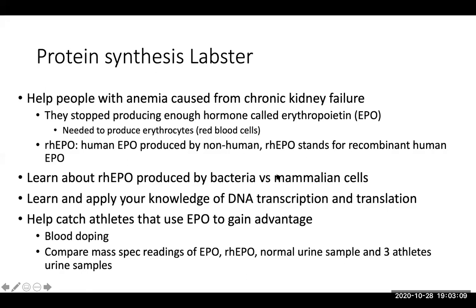I think that's the mammalian cells that you're using. Okay, so then you're going to compare those two products, the EPO from bacteria and the RH-EPO from mammalian cells. And you'll look at mass spec readings, and you'll compare those that way.